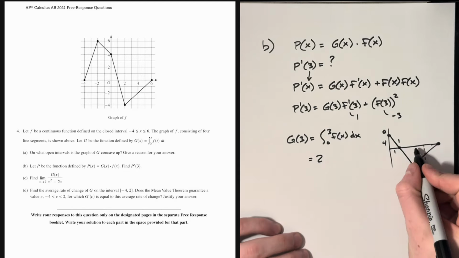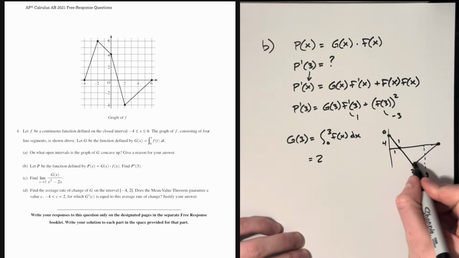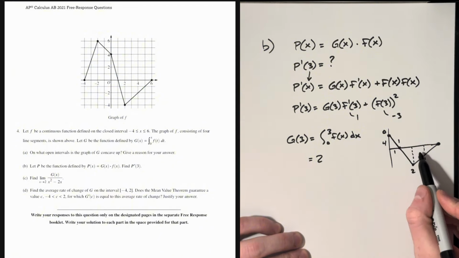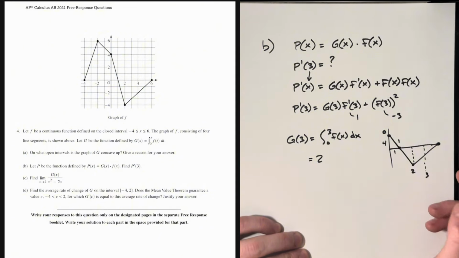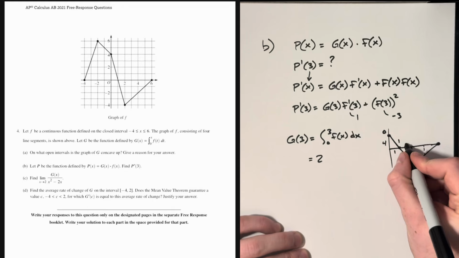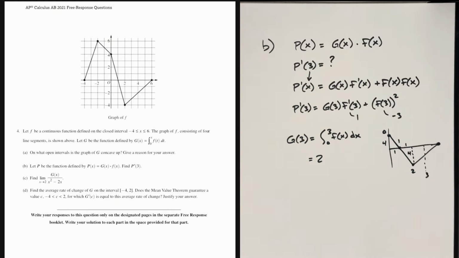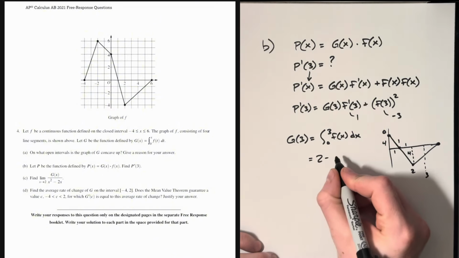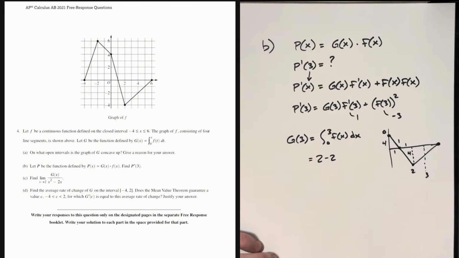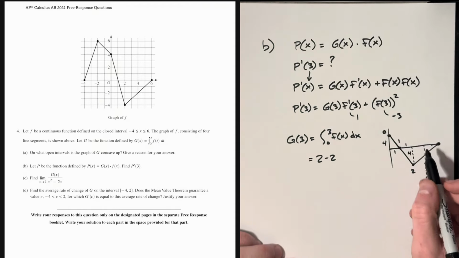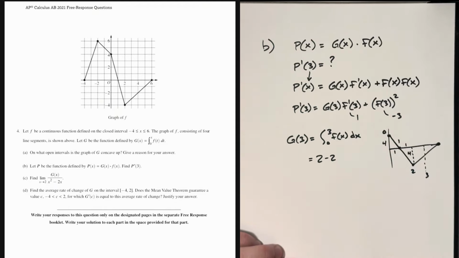Now, I'm going to split this second shape, which is kind of weird, into two separate shapes. So I'll have a triangle and a trapezoid. This first triangle has a base of 1 and a height of 4, if we look at the graph. So its area will be negative 2, because it is below the x-axis, so it will contribute negatively. Now we have this trapezoid.